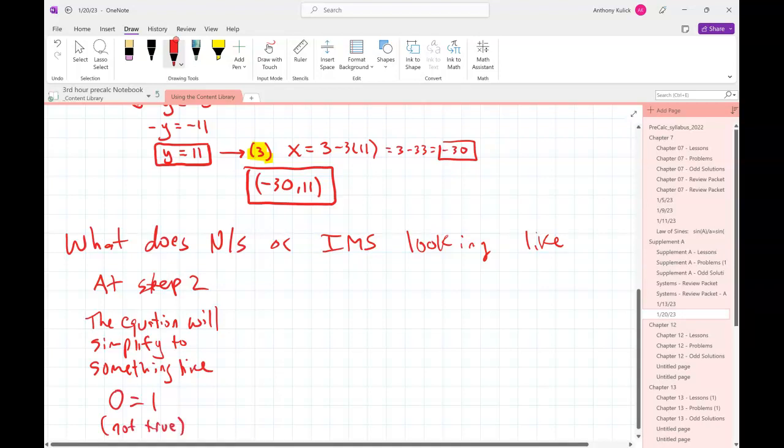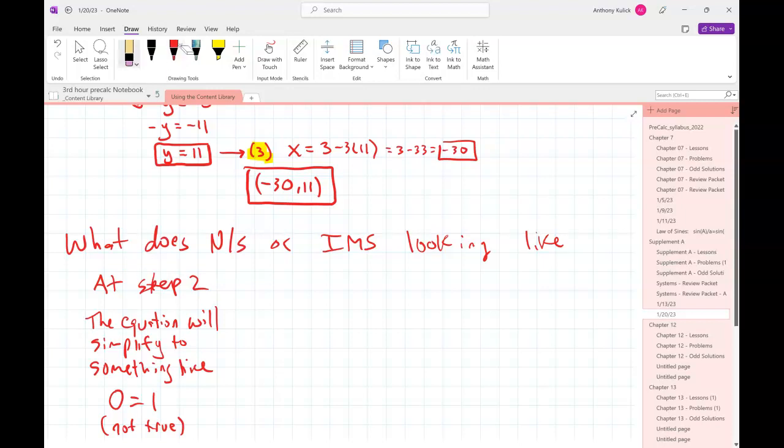Some statement that's not true. So all your variables will eliminate, and you're left with some contradictory statement that's never true. So this is for the no solution situation. Maybe I'll use a different color also.